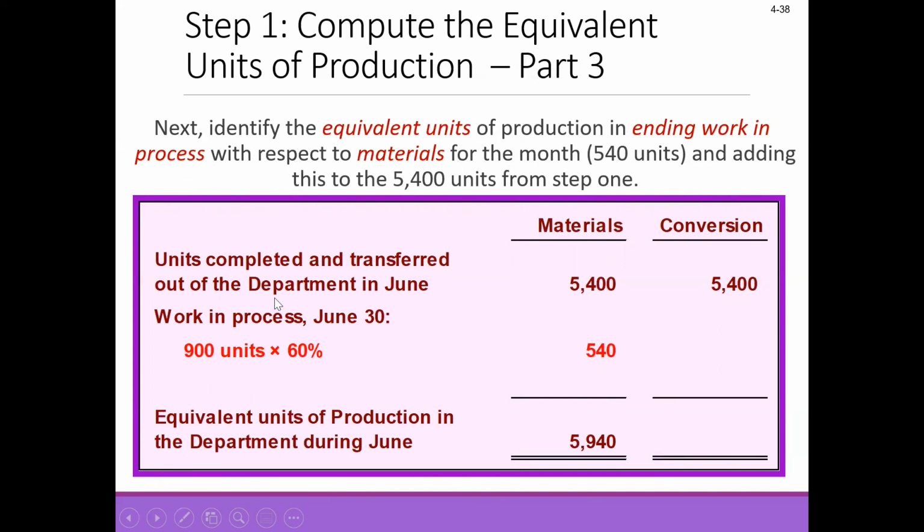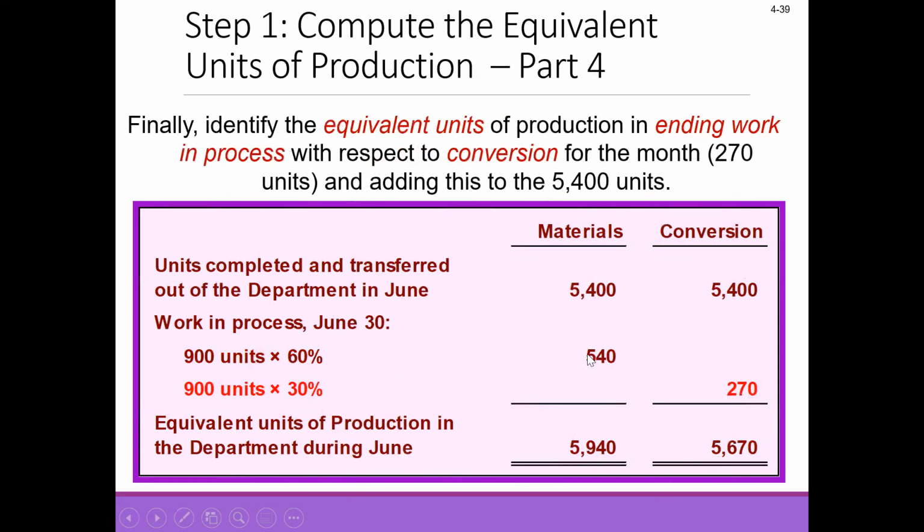The work in process at the end of June, 900 units were 60% complete in regards to materials and only 30% complete in terms of conversion. So we literally show what was transferred out, and then at the end of the period, what was the work in process.